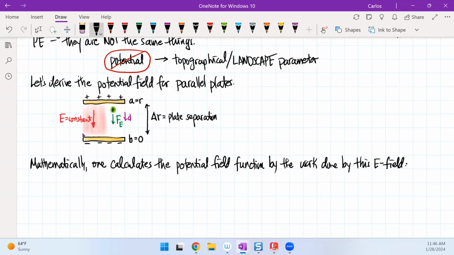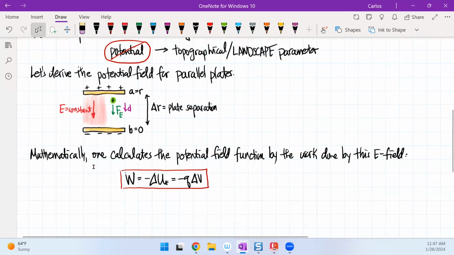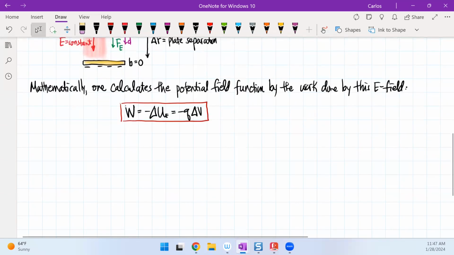So in other words here, because this is a conservative field, the work has to be the negative of the potential energy function, and this by definition is equal to minus Q delta V. So this right here tells us about how we define work and potential together for a conservative field.